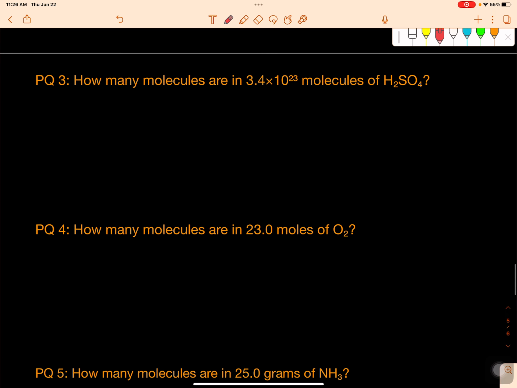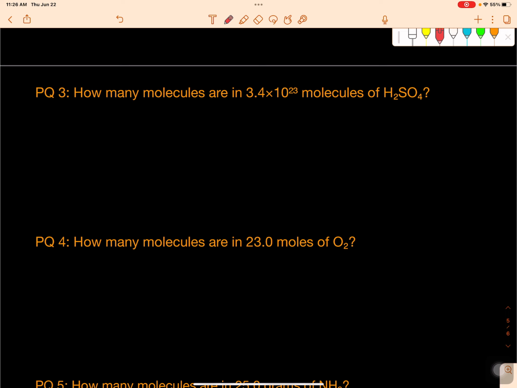Now let's move on. In problem number 3, we are going to find out how many molecules are in 3.4 times 10 power 23 molecules of sulfuric acid. We have a little convention that we have learned that 1 mole of any substance contains 6.02 times 10 power 23 number of particles.